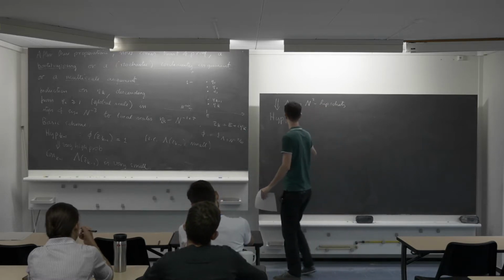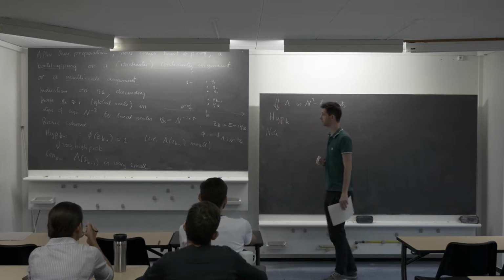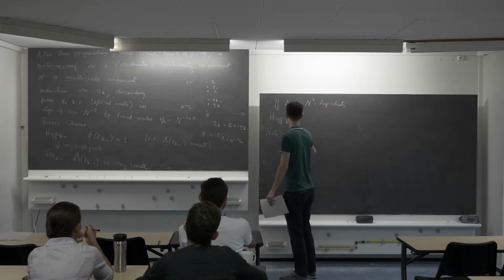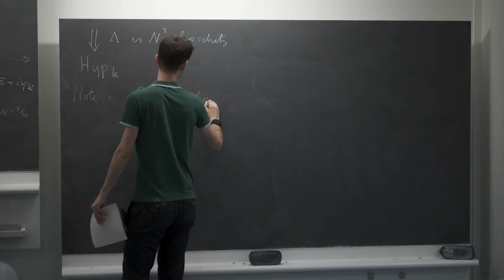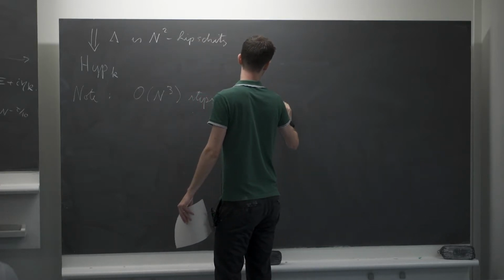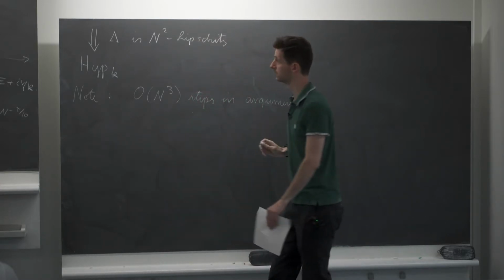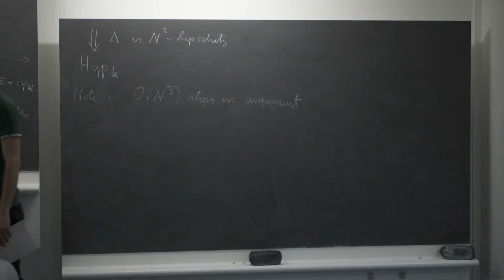Now, there's one important note. Why can't I make these steps very, very tiny? Well, I have an order n to the 3 steps, right? I go down from 1 to almost 0. The steps are of size n to the minus 3, so I have an order n to the 3 steps.